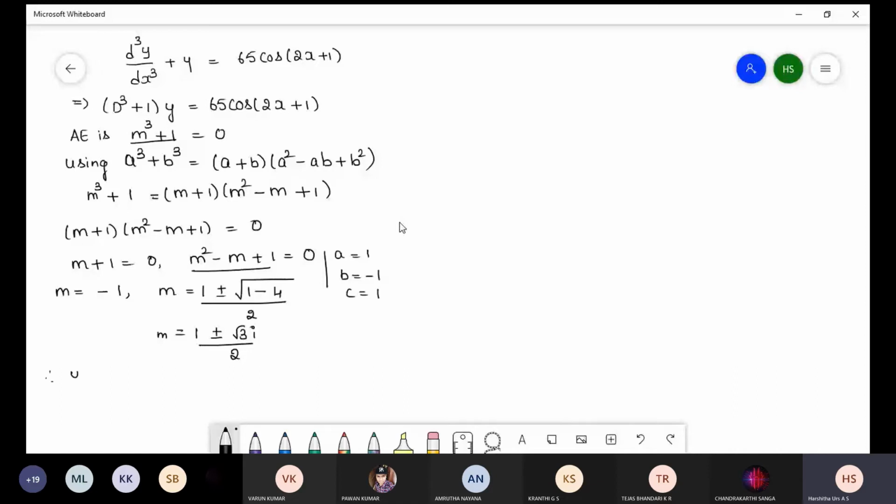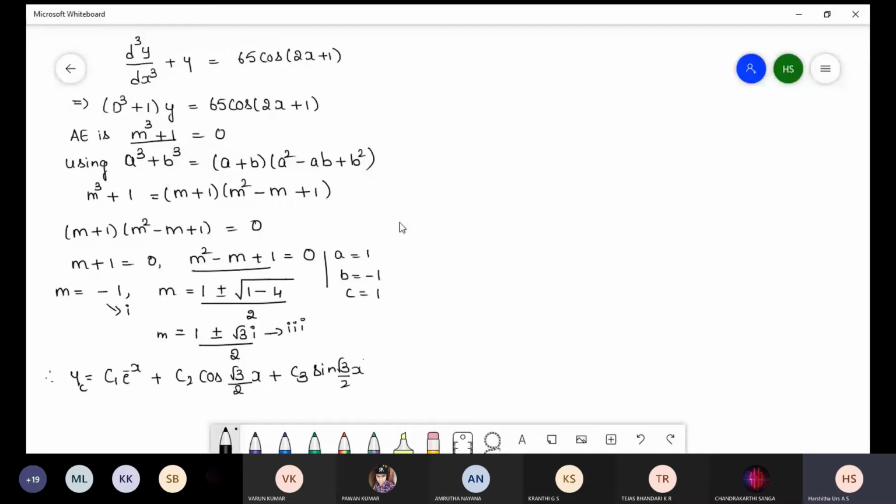Therefore, yc is equal to, this comes under case 1 and this one case 3. So c1 e power minus x plus c2 cos of root 3 by 2 x plus c3 sine of root 3 by 2 x.